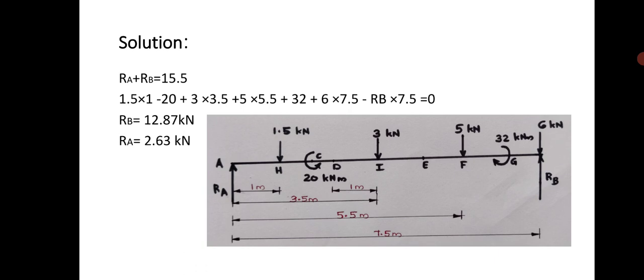Taking moment about A, you will get 1.5 into 1 minus 20 plus 3 into 3.5 plus 5 into 5.5 plus 32 plus 6 into 7.5 minus RB into 7.5 equal to 0. Solving these two equations, you will get RB as equal to 12.87 kilonewton and RA is equal to 2.63 kilonewton.